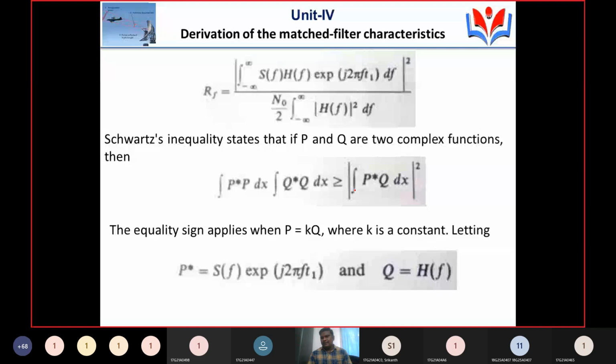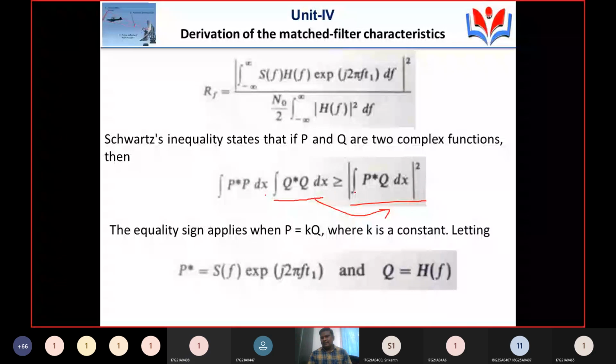You take the integral of q times q dx to this side as a denominator, and we will have the equation: the integral of p times p* is always greater than or equal to the integral of p times q dx whole square, divided by the integral of q times q* dx. So if we compare this equation, we will find what is meant by p and what is meant by q.